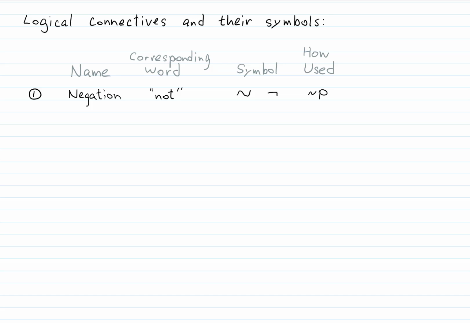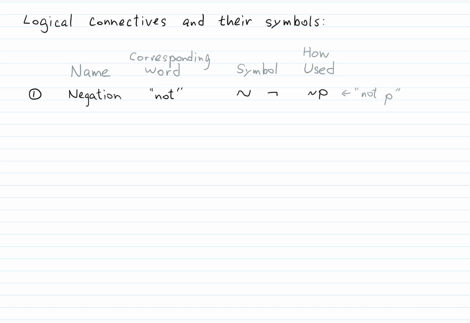That would say not P. I mean, it's technically called the negation of P, but usually people read it as not P. Okay? That's called a connective, even though it's not really connecting two statements together to make a new statement. It's just being connected onto a statement to make a new statement.